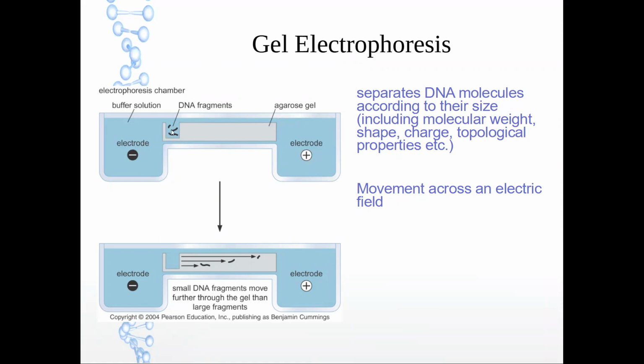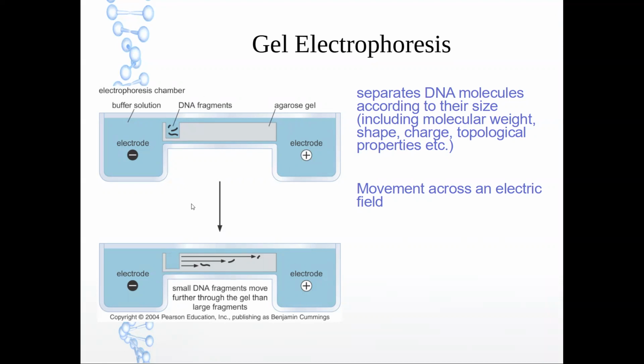Now the DNA fragment is negatively charged because of the phosphate groups. So the fragments have the tendency to migrate towards the positive electrode, and therefore you need to have a proper positioning of the gel. In the gel, you have a well where you would put your samples.